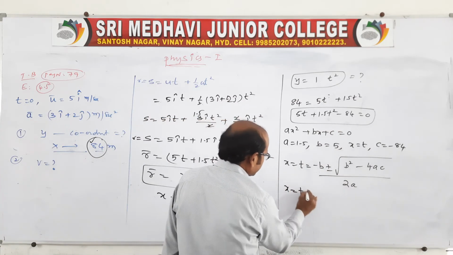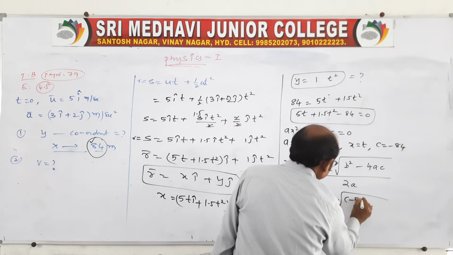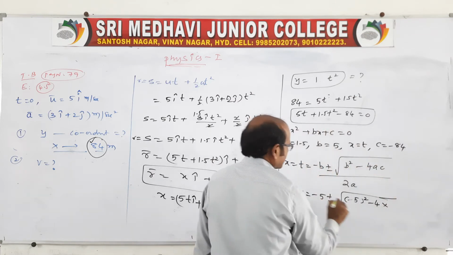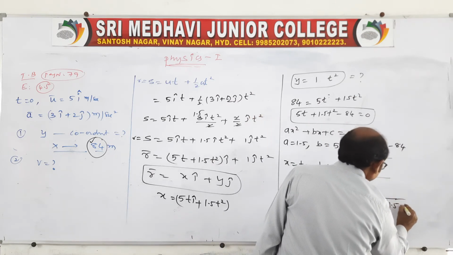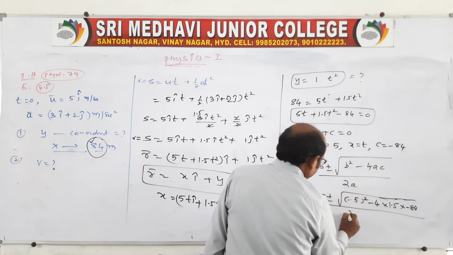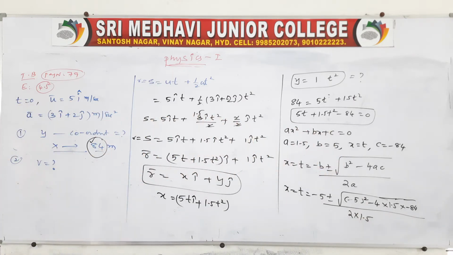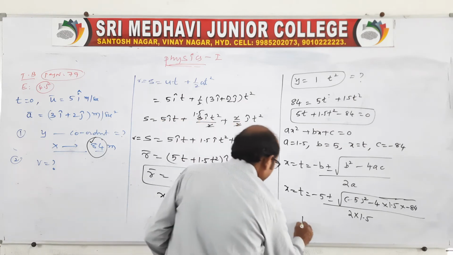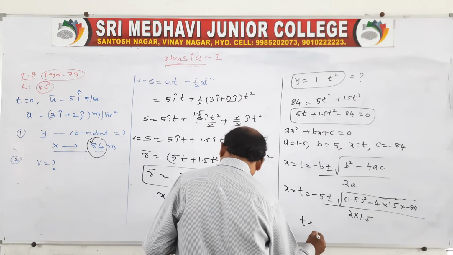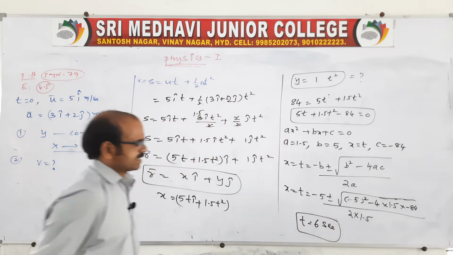So t is equal to minus 5 plus or minus root of 5 square minus 4 into 1.5 into minus 84, whole divided by 2 into 1.5. Now take a simplification and we'll get the time value approximately 6 seconds.